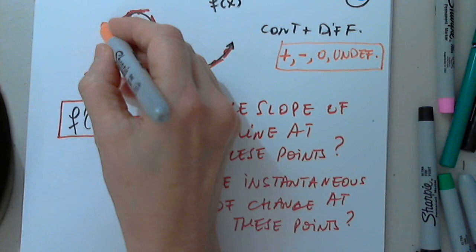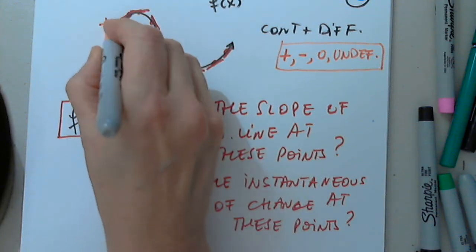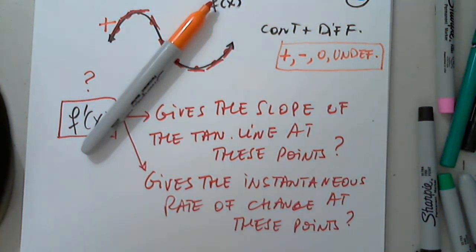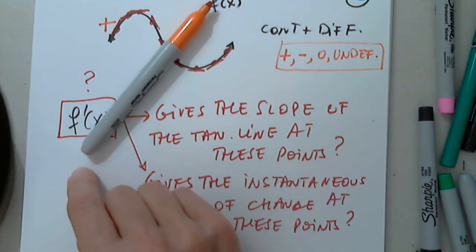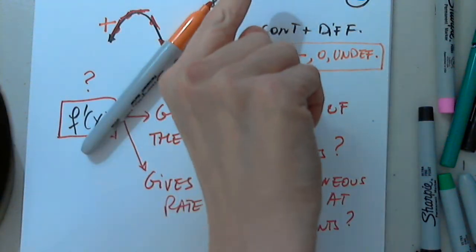Would it be positive? Brilliant. Because it looks like this. It's increasing from left to right. Anything that is increasing from left to right has a positive slope for a line.